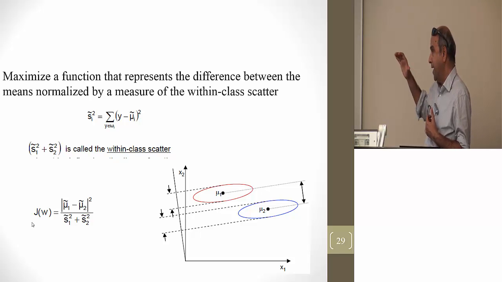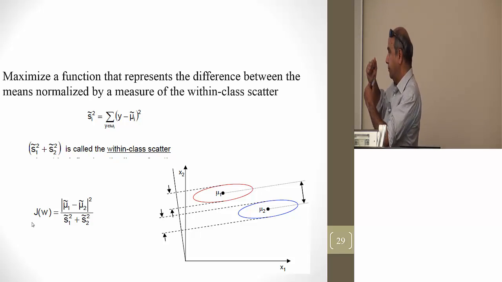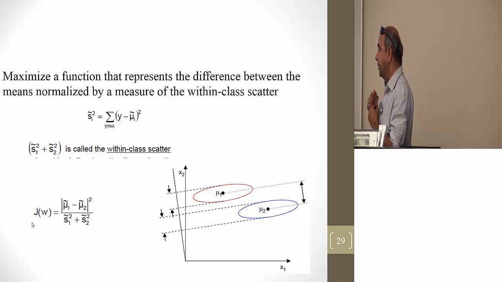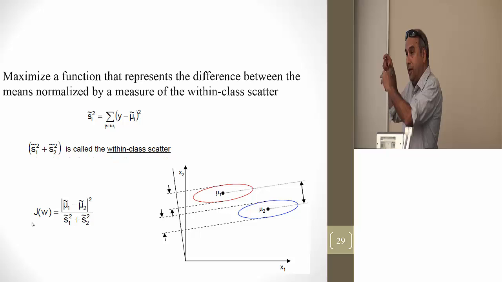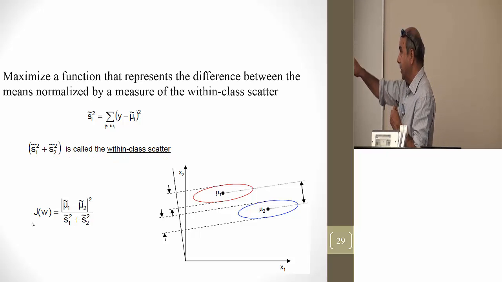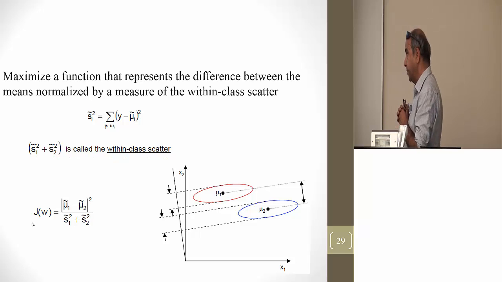That makes sense because we want the classes to be away from each other, which is the mean, but depending on the distribution, we also want to consider the spread of each class. And the spread of each class is given in that denominator.